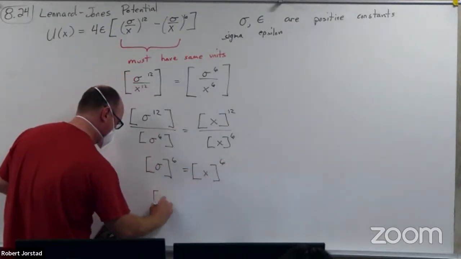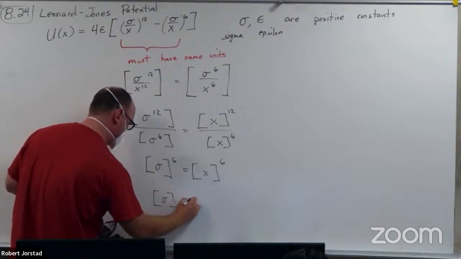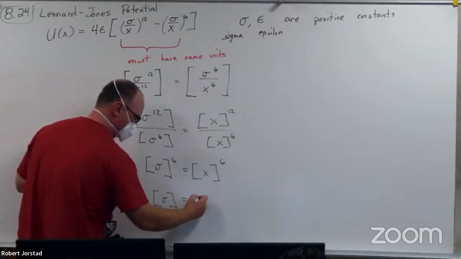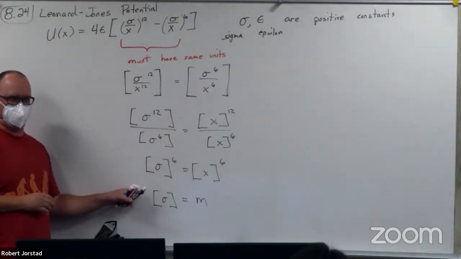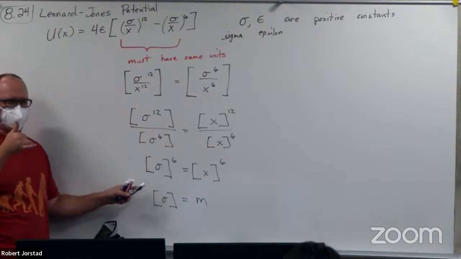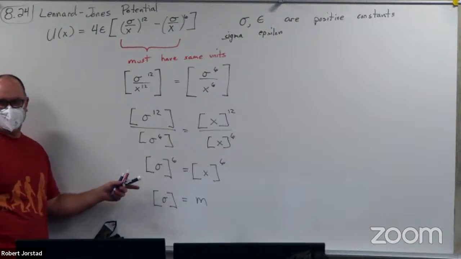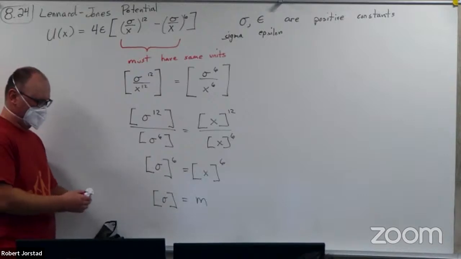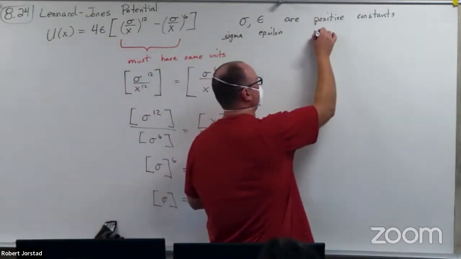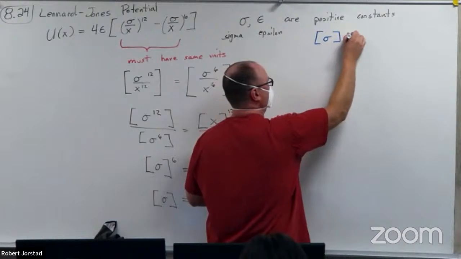What are the units of sigma? Meters. The sigma to the 6th would be meters to the 6th, so 6th root. Did that make any sense at all? Yes, no? I think I would have done the same thing, except I would have applied it to also get the epsilon as well. Oh, we'll check this out. Once we have that, at this point, we know the units of sigma are meters.